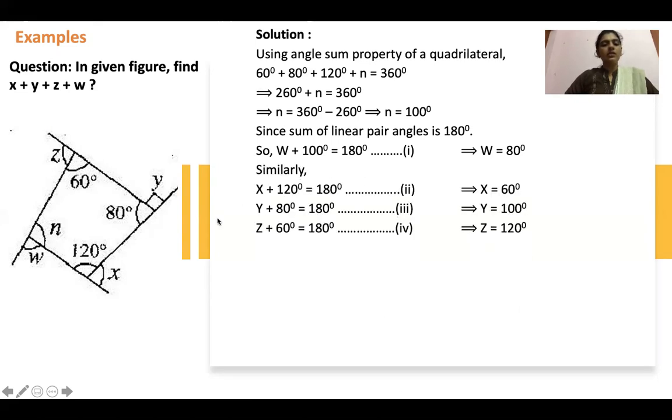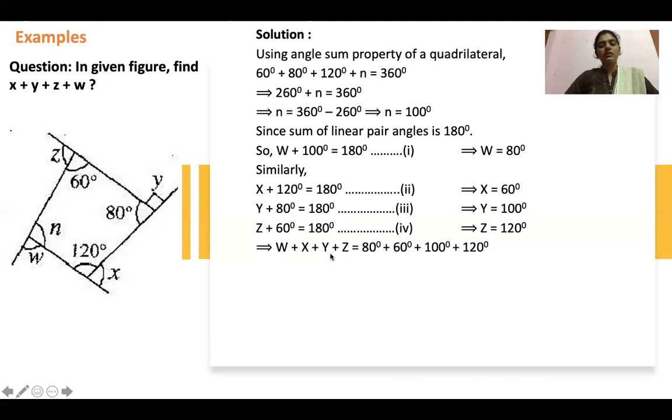Similarly for x, this x makes a linear pair with angle 120. So x must be equal to 180 minus 120, that is 60. Similarly, we can calculate y and z, as they also make linear pairs with 80 and 60. So we can easily calculate y and z also.